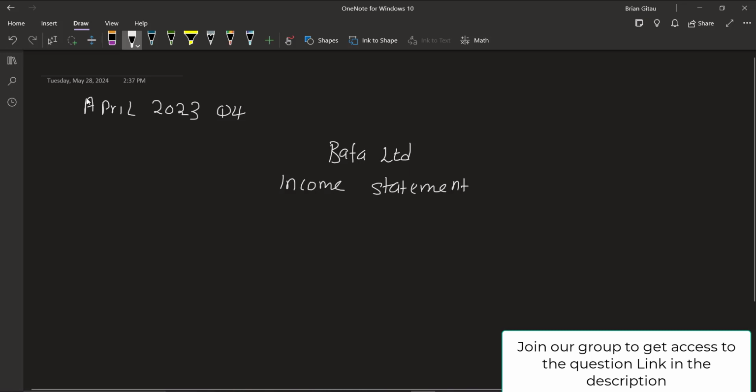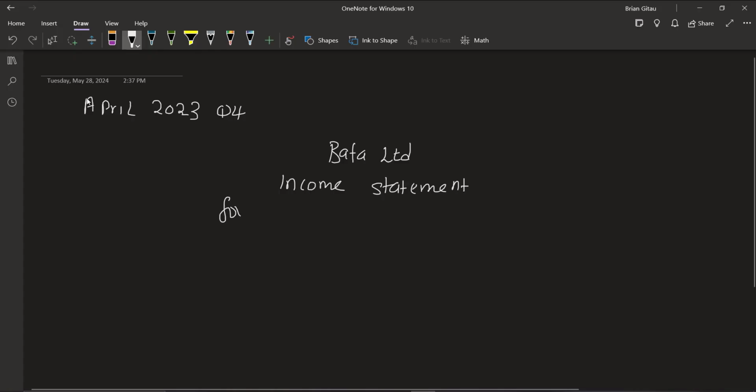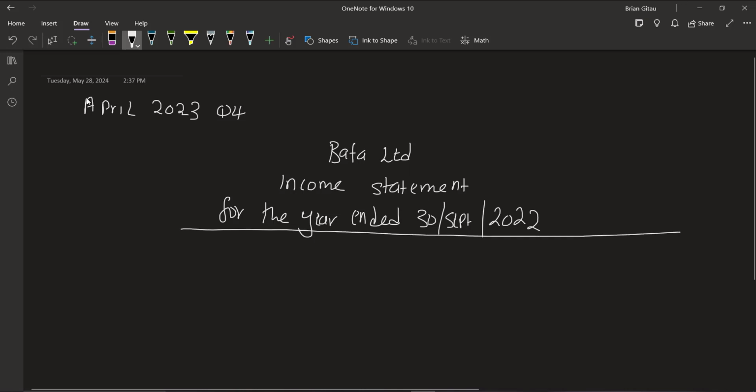Income statement for the year ended 30th September 2023, not 2023 but 2022. Our level of precision is shillings in thousands.